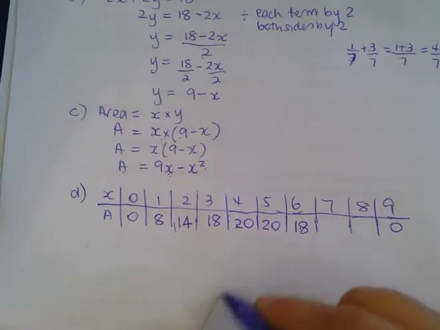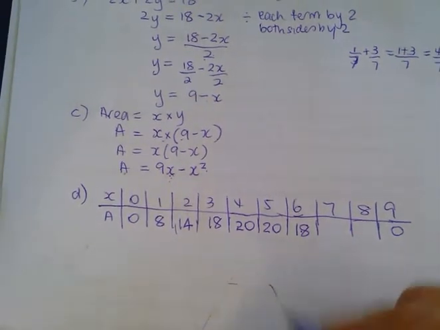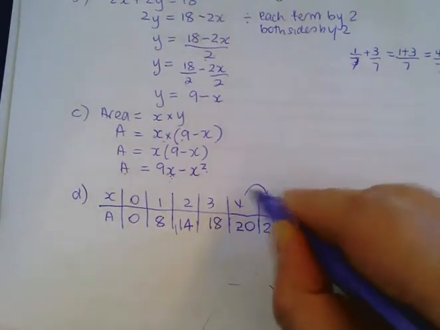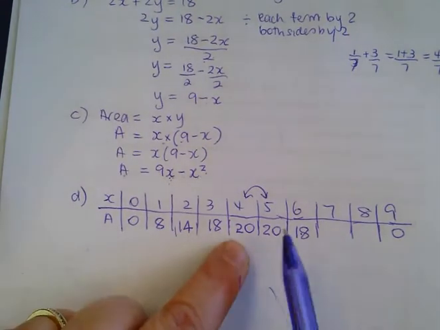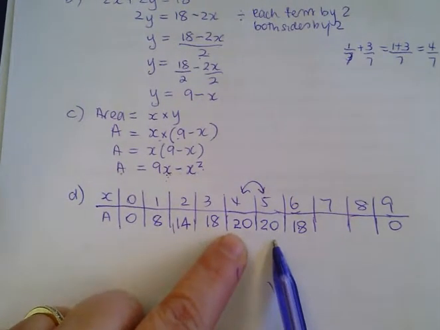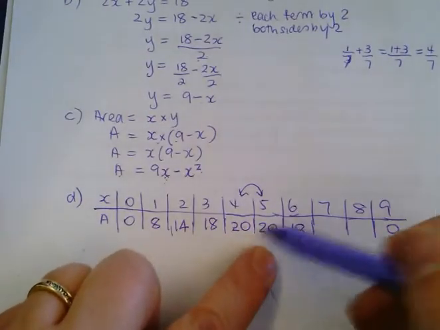Parabolas do not go like this, like that, and come back down. They keep curving. So the maximum is going to be between 4 and 5. Do you see that? I've got the two same values for 20. This is the problem. 20 is not my maximum value. There is only ever one vertex of a parabola, one maximum, and it lies between those two.